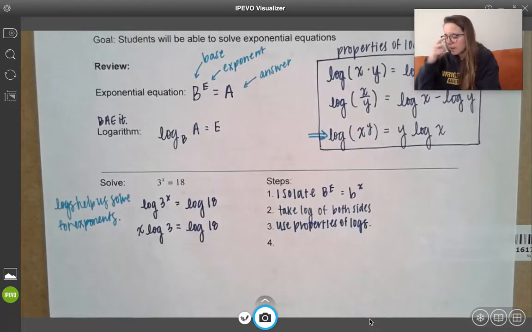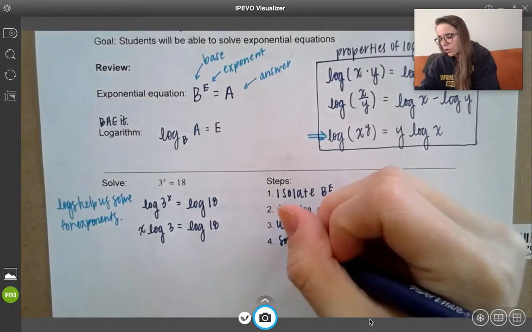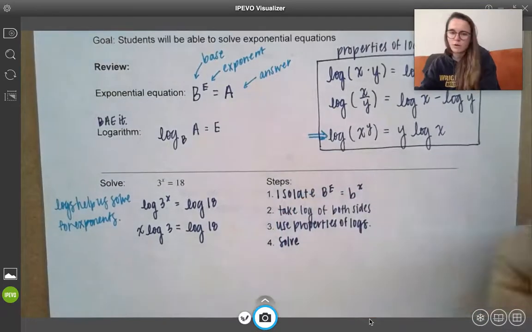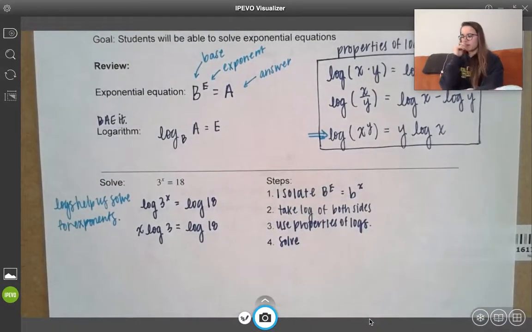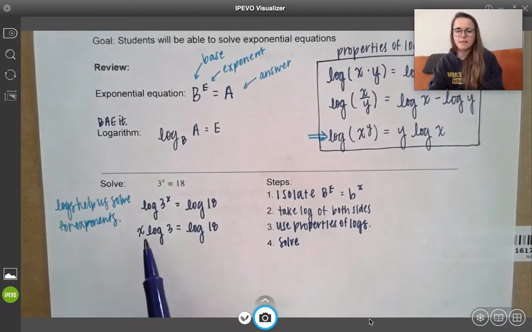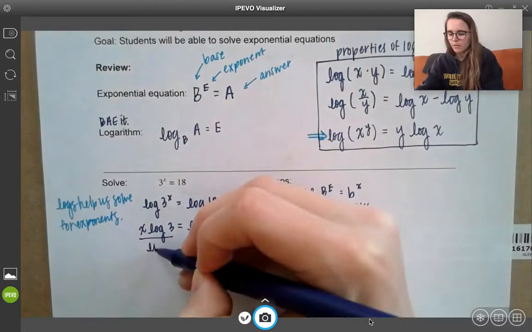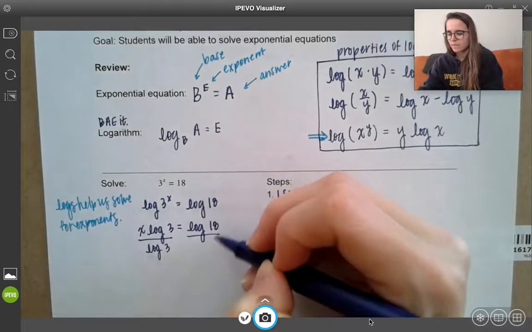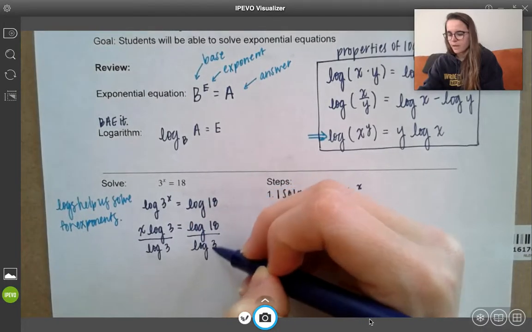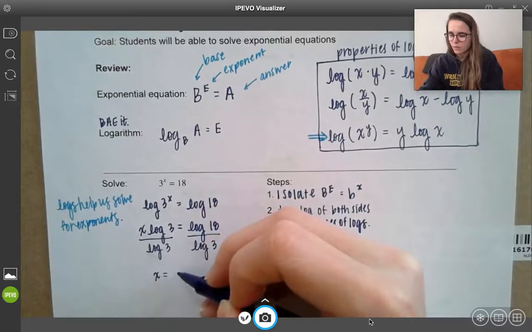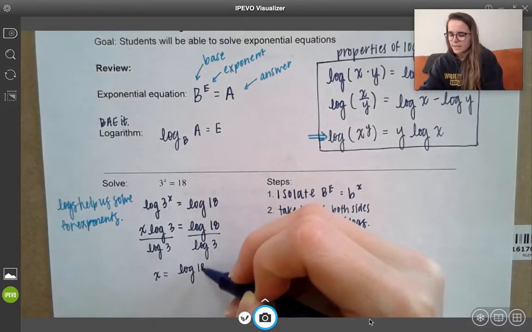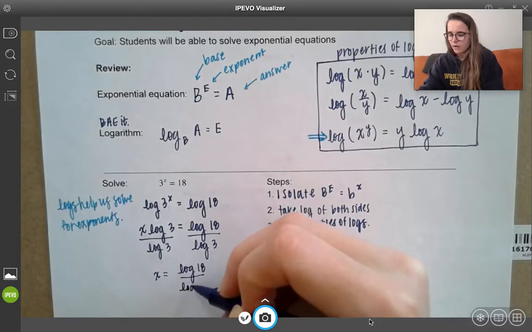And then our fourth step is to solve for a variable, which is x in this case. So in order to solve for x, x is being multiplied by log of 3, so we're going to divide by log of 3 to undo the multiplication. And so I get that x equals log of 18 divided by log of 3.